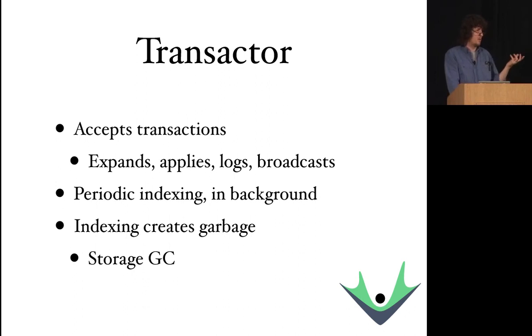And periodically, the same transactor will do indexing. That's something we could move to another machine, but right now the transactors do it. An interesting thing about this system, and again, you're seeing parallels, I would hope, constantly to the memory version, is that indexing is going to create at least a new root, probably some new directory nodes, and definitely a whole bunch of new data segments. What about the old ones? They're not getting updated. So where are they?